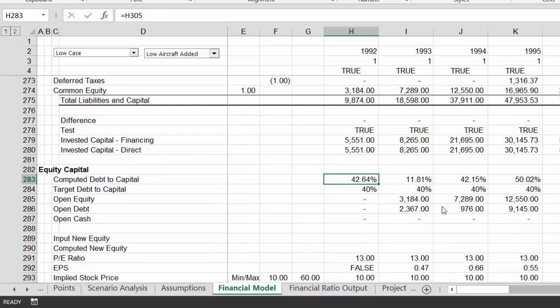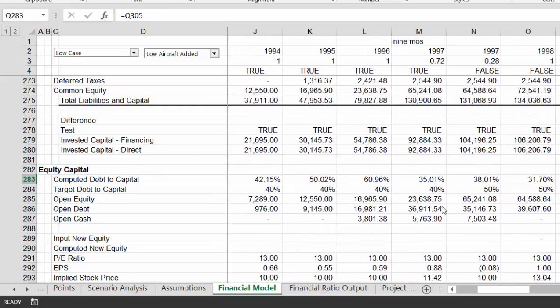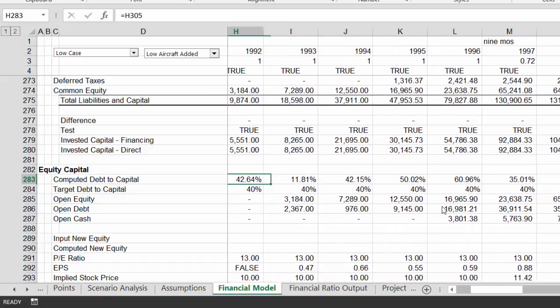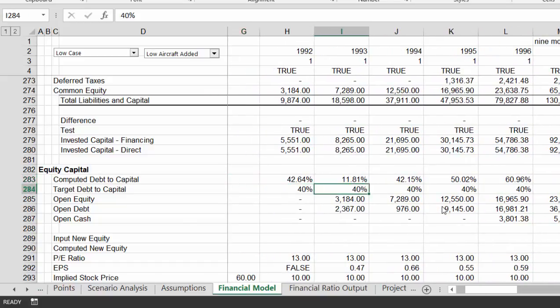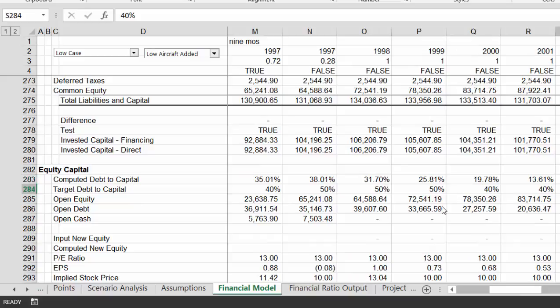You can compute the debt to capital ratio, obviously, in a corporate model. And sometimes you would like the debt to capital ratio in your output model to be the same as some sort of target debt to capital ratio.